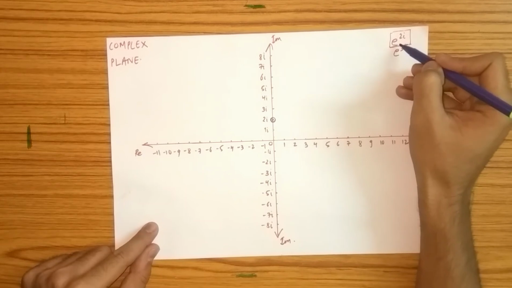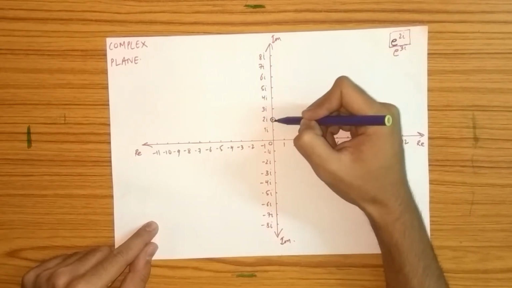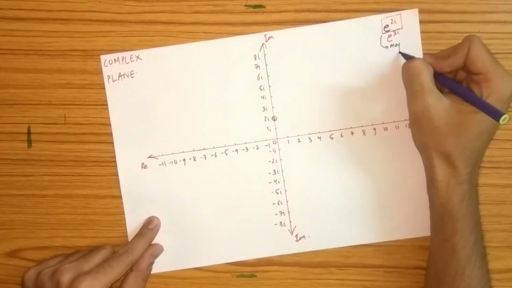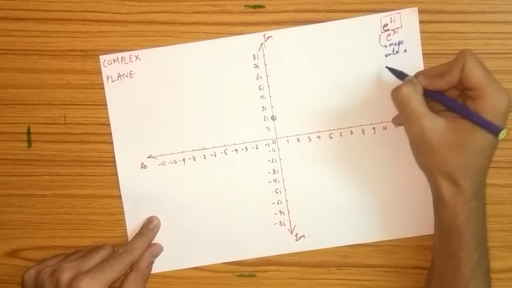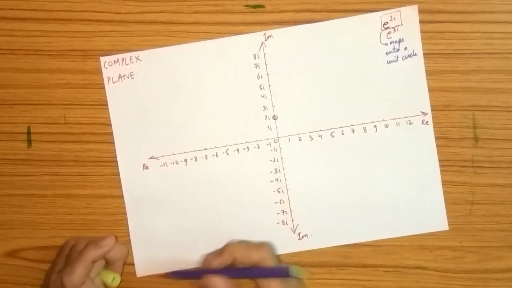And what this operation e does is it takes this point and it maps it onto a unit circle, right? And a unit circle is just a circle with radius 1.